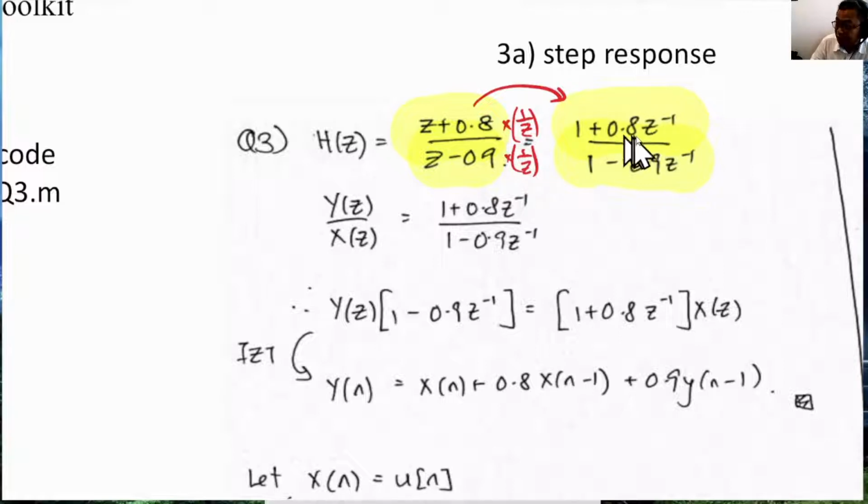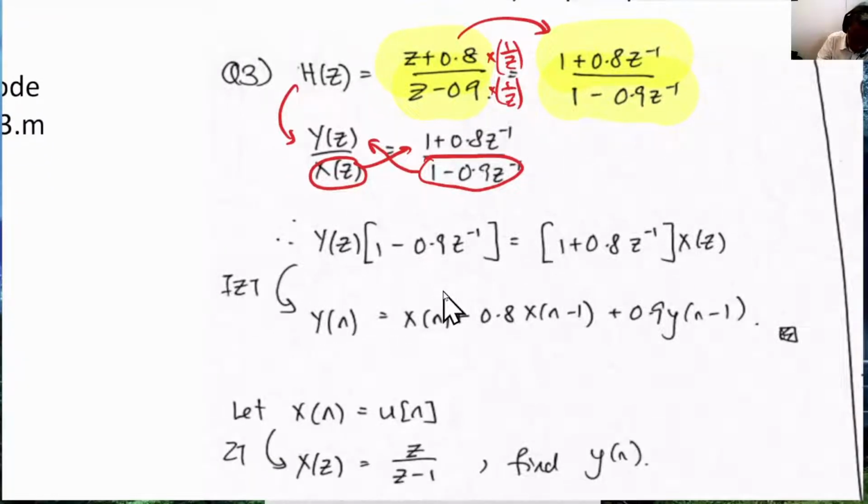And you know that when we use negative powers of z, the inverse z transform introduces a time delay. The other thing we know is that H(z) is simply Y(z) divided by X(z). So we move it to the right hand side for X(z), and we move this to the left hand side for Y(z). And then we get this equation over here.